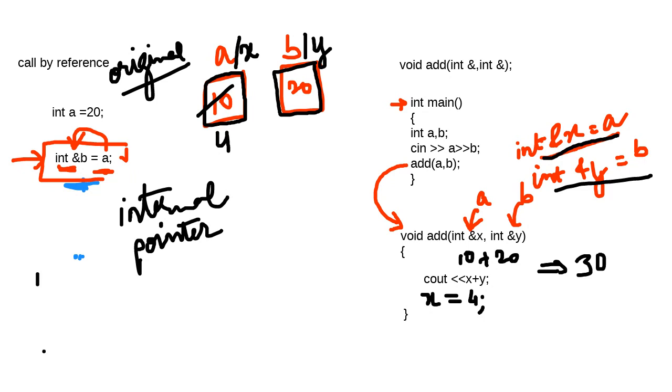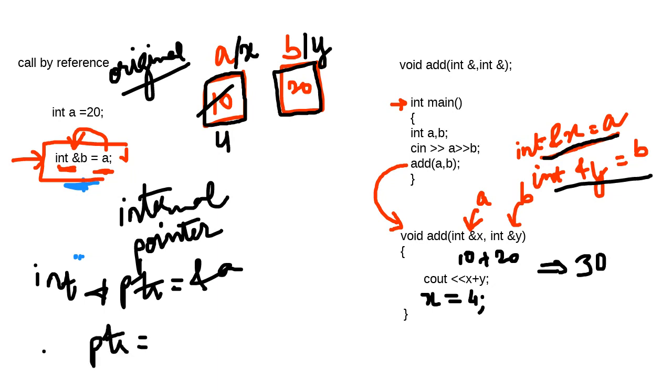If I write something like int star ptr equal to ampersand a, the next I can do is ptr equal to ampersand b. That's possible with pointers, right? But with reference, this is not possible. You cannot change the reference in future. That means once x is given the location of a, you cannot make x point somewhere else.